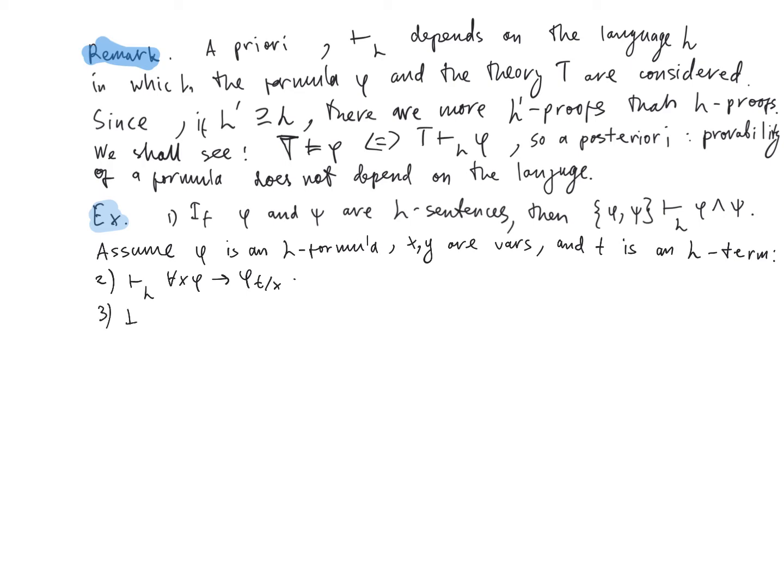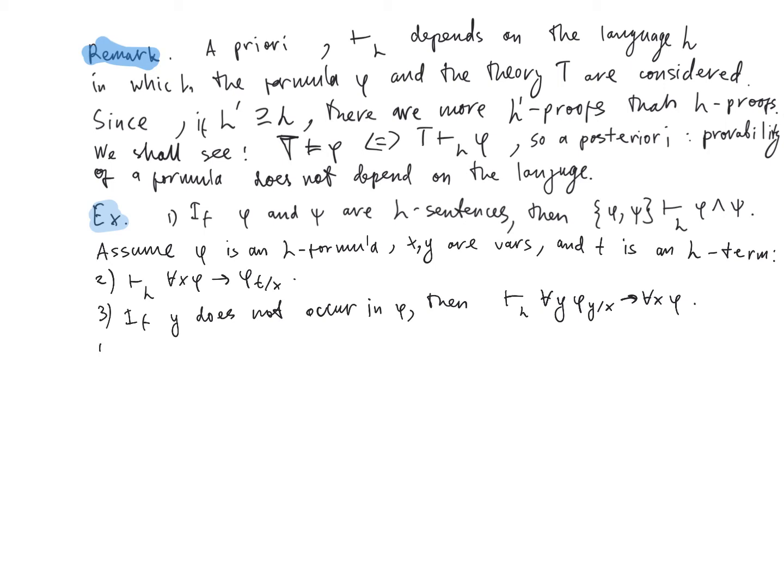3. If the variable y does not occur in the formula phi, then the formula for all y phi with y substituted in the place of x implies for all x phi is provable.